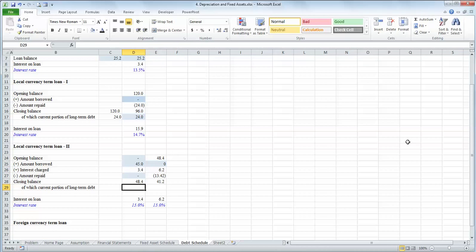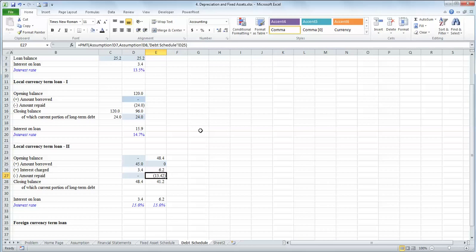What is that? As we extend the formula, we may encounter a situation where the company only has 6 months of loan to repay because the repayments are happening at the middle of a year. So this 13.42 might be more than what the company actually owes the bank.